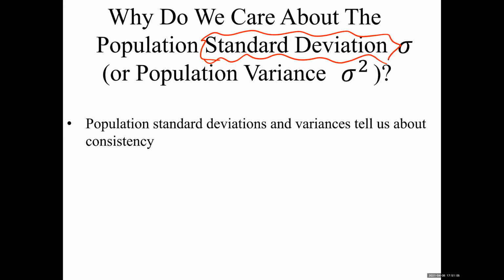Another quick example is sports, like basketball. Let's say you own a basketball team and you want to hire a player. Do you want the player to be consistent or not consistent? You probably want them to be consistent. If you get a good player, maybe you want them to score 40 points a game.